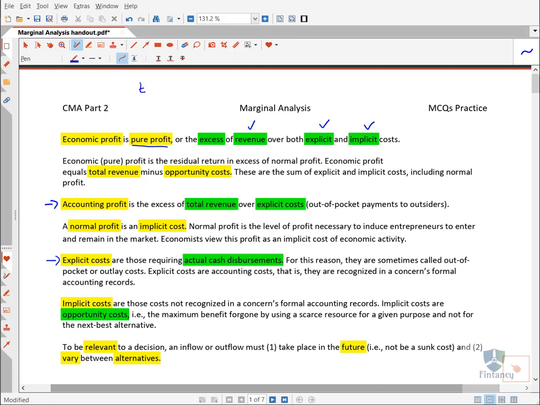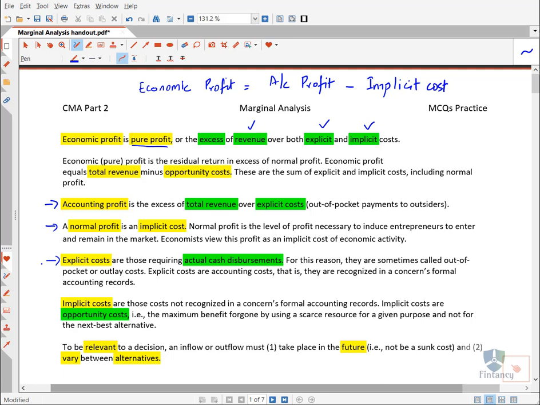So economic profit is the accounting profit which you get from your income statement. You have to deduct something called implicit cost from this figure to reach the economic profit, okay? So what is this implicit cost? Implicit cost is also called normal profit.